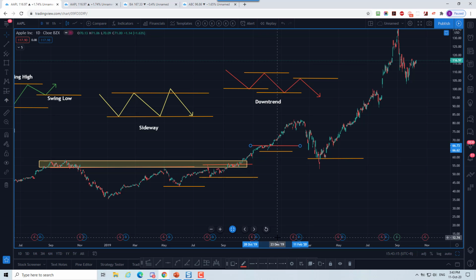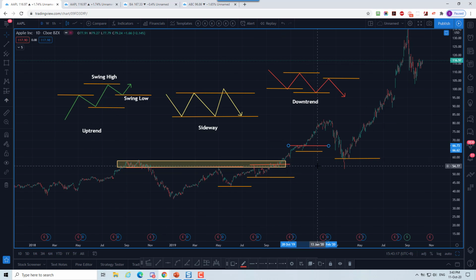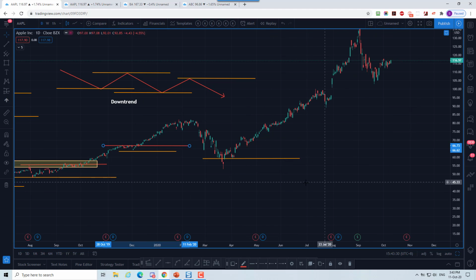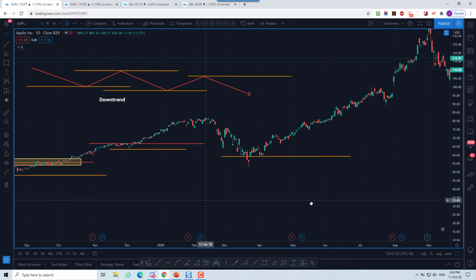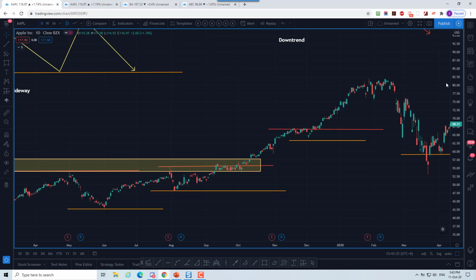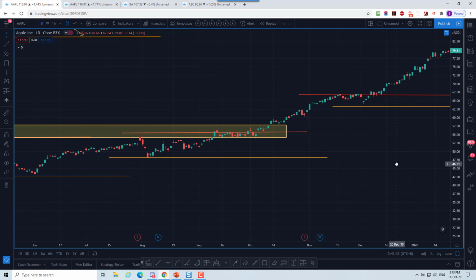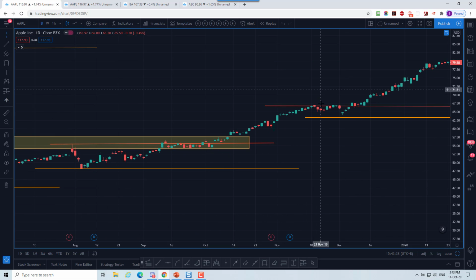There are a few concepts that you need to know about the support and resistance line. The more support and resistance lines are tested, the weaker they become. All right, let me zoom into this chart. So we have the first test here.